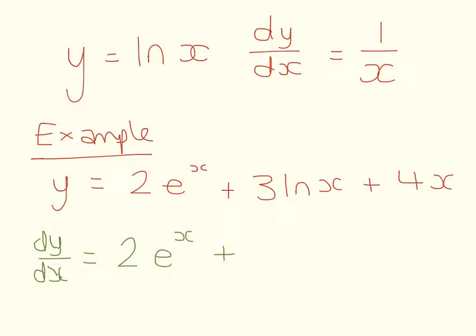So if it's 3 times 1 over x, that would become 3 over x. And the 4x, when we differentiate it, becomes 4.